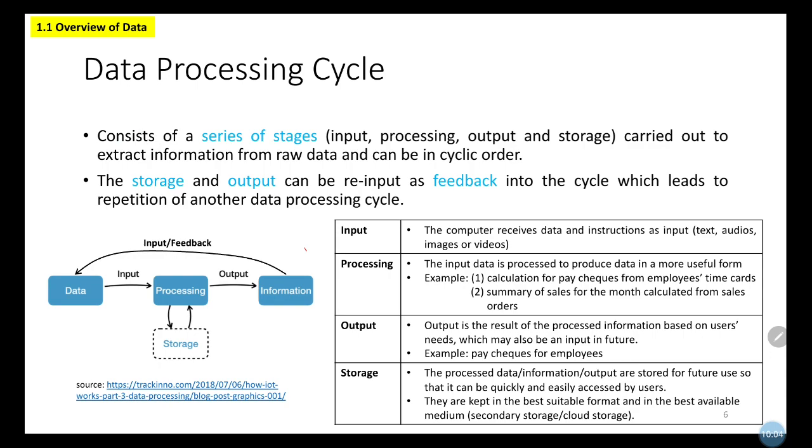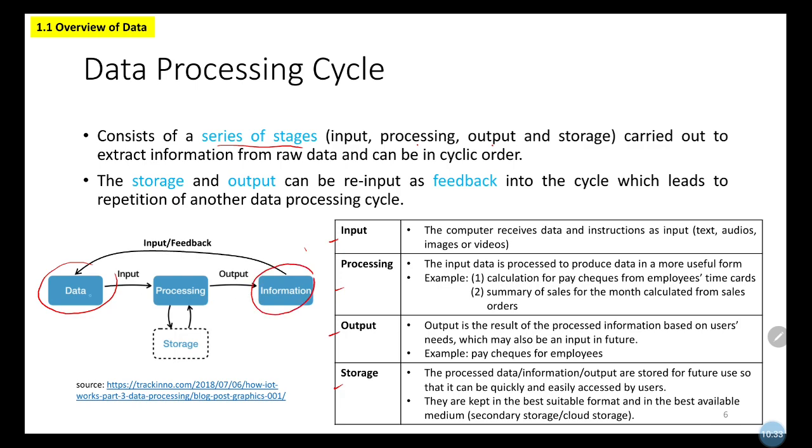The data processing cycle consists of a series of stages, or steps, including input, processing, output, and storage, which are carried out to extract information from raw data, and then it will be processed into information.